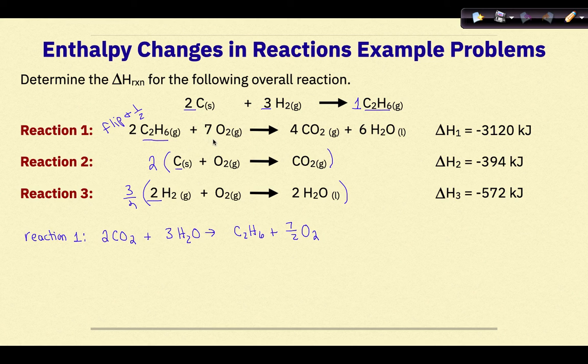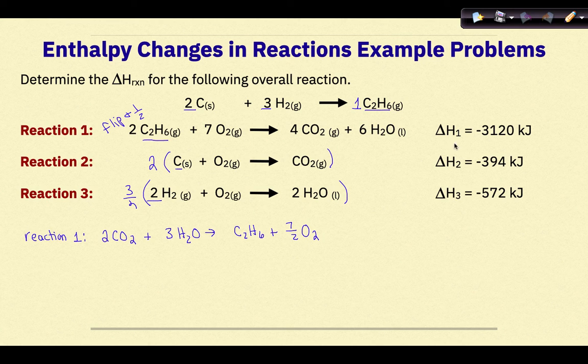Originally, 7 moles of oxygen. Instead of making it 3.5 moles of oxygen, I am going to keep it as a fraction, and I'm going to tell you right now that'll work out. So feel free to use fractions when you are reversing these problems, when you're multiplying them by 2.